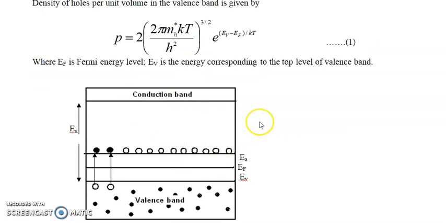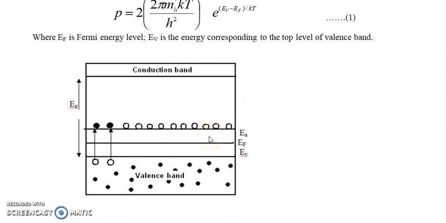So this is the energy band diagram. This is the valence band and this is the conduction band. We know that the band gap Eg is the energy difference between the valence band and the conduction band.